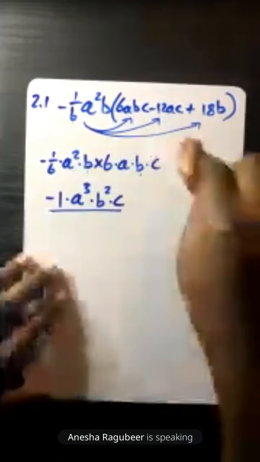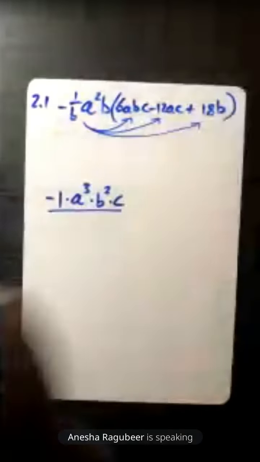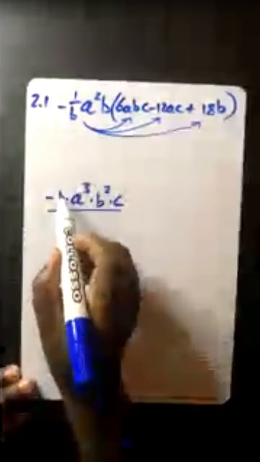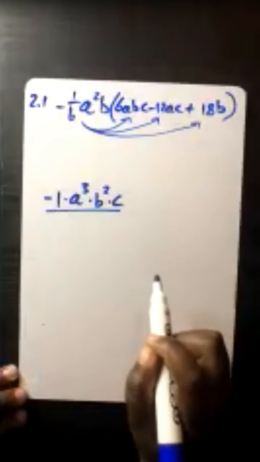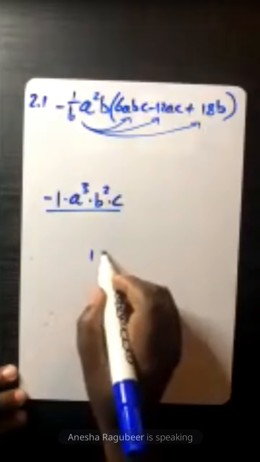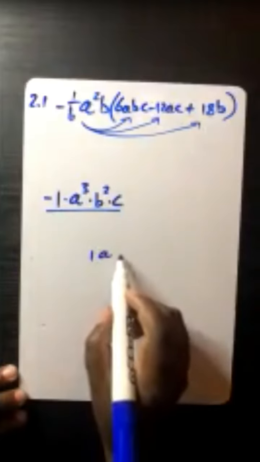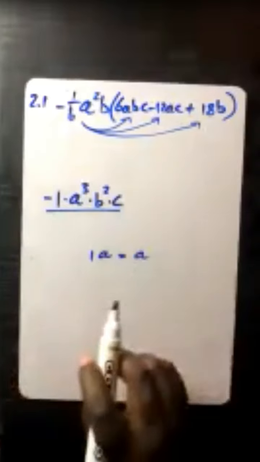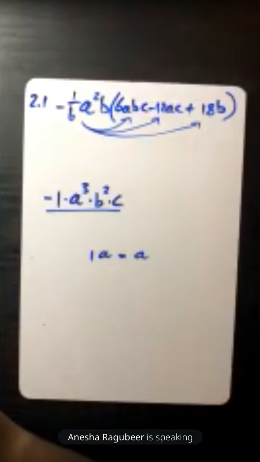So let me just remove all of that and write that one over there nicely. So remember, Shreyas, can you see it's -1? So we don't really need to write that -1. Are you aware of that? Yes, sir. It's like 1a. There's no need for us to write 1a if it's just a, because we can just say a. We know there's that invisible one over there, isn't it?